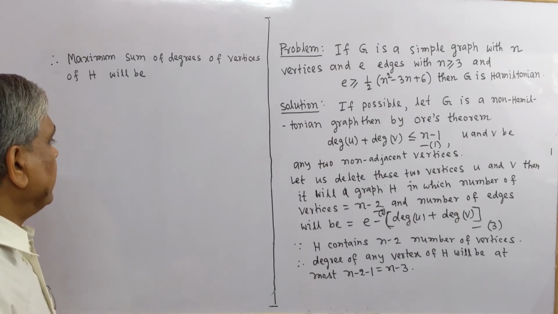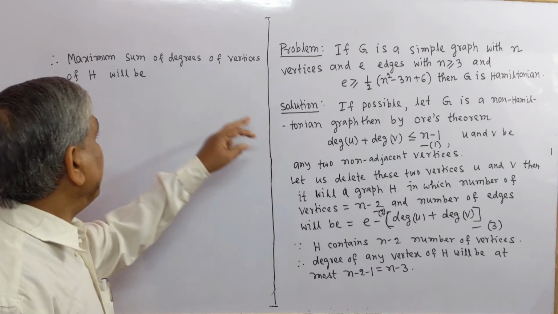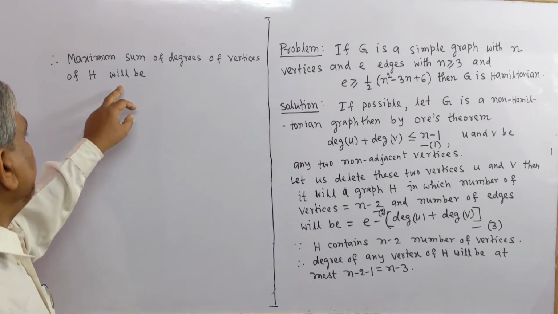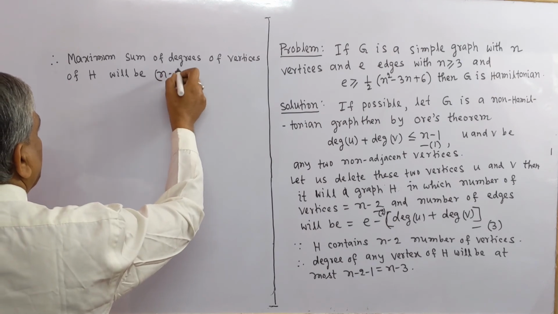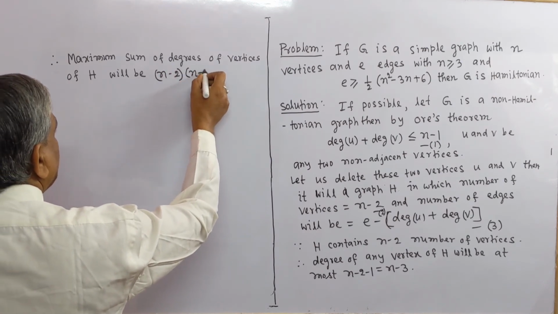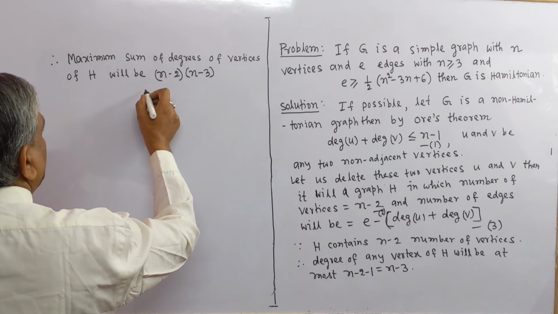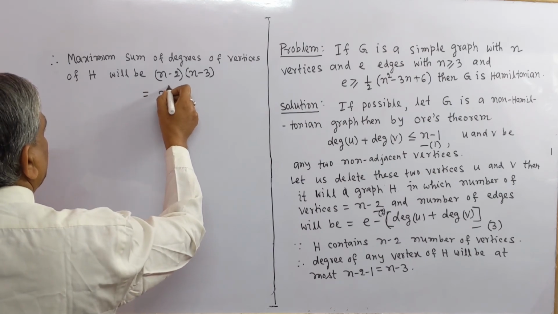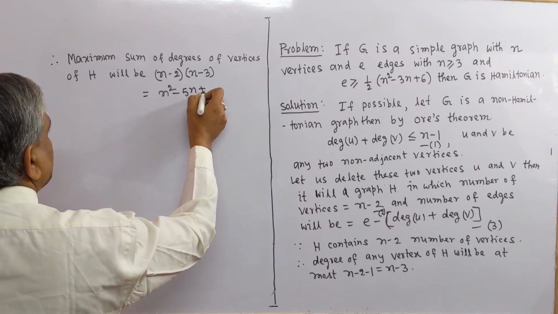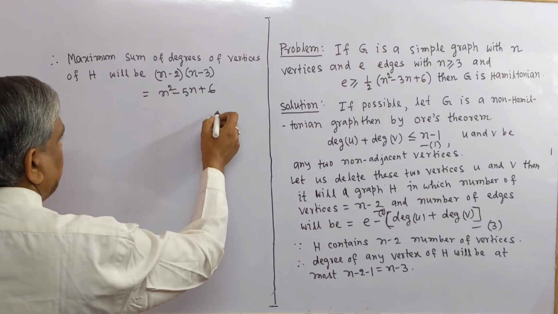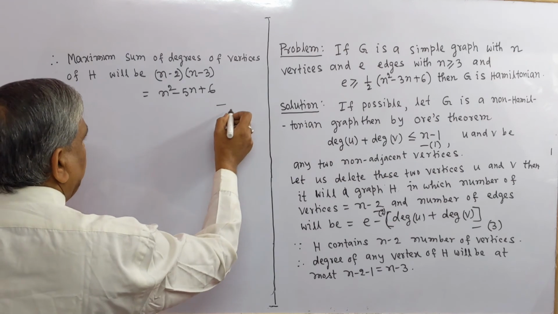Therefore, the maximum sum of degrees of vertices of H will be n minus 2 into n minus 3, equal to n square minus 5n plus 6. This is number 4.